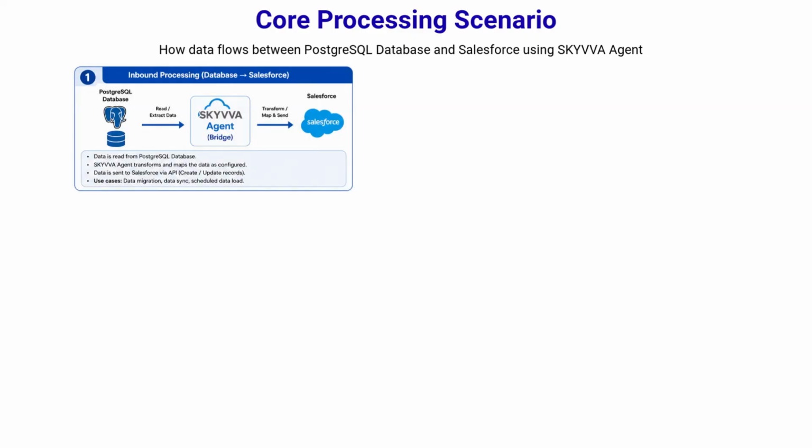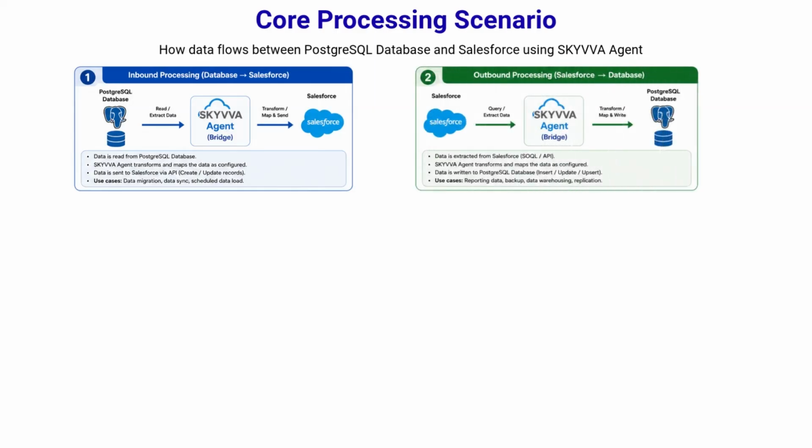This may include converting data formats, mapping database columns to Salesforce fields, or applying business logic. Once the data has been prepared, SKYVVA Agent sends it securely to Salesforce through the Salesforce API, where new records are created or existing records are updated. This scenario is commonly used for data migration, scheduled data synchronization, and importing business data into Salesforce.